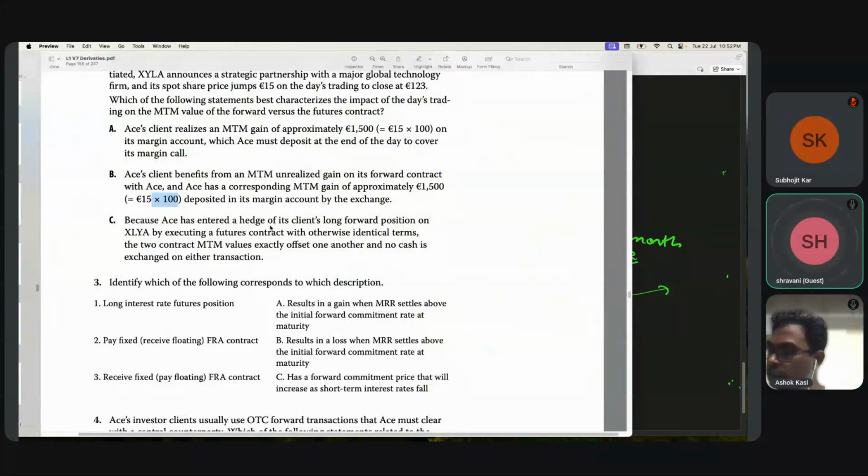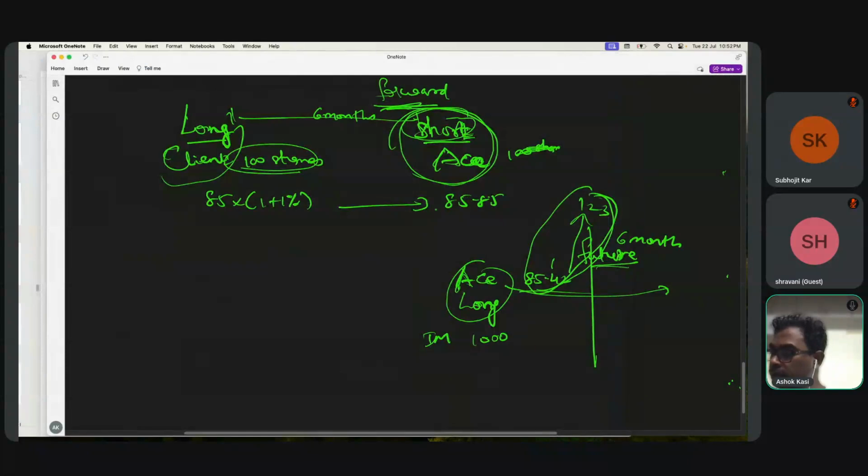Because ACE has entered into a hedge of its client's forward position by executing a futures contract with otherwise identical terms. The two contracts' MTM values exactly offset one another and no cash is exchanged. This is not offsetting with one another, nothing like that.